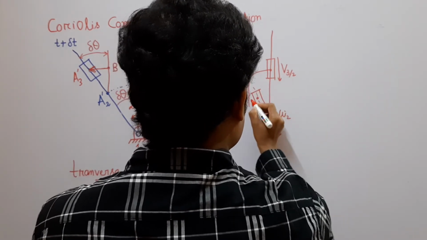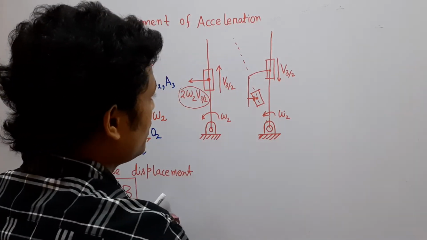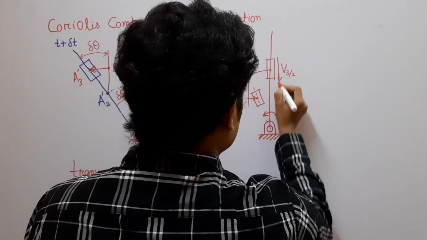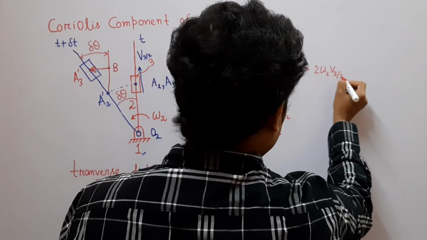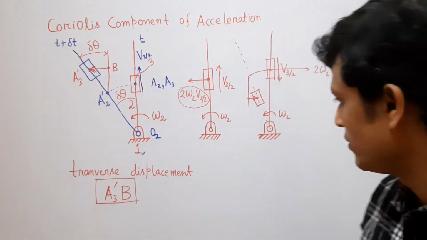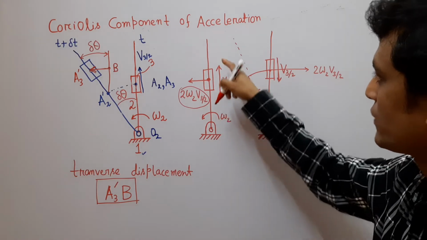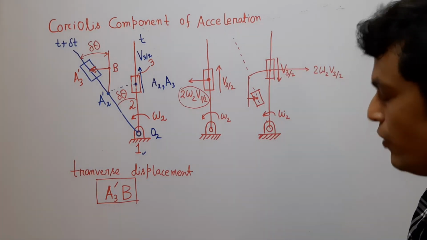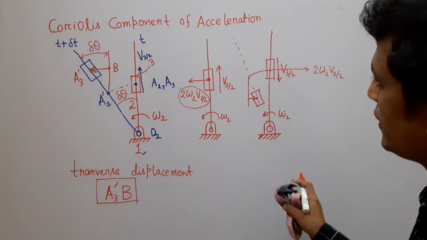So the transverse displacement is now right hand side. So when V3 is downward and omega 2 is counterclockwise, the direction of 2 omega 2 V3 by 2 is along this direction. So there will be 4 combinations, because we can take 2 directions of omega as well as 2 directions of V3 by 2.